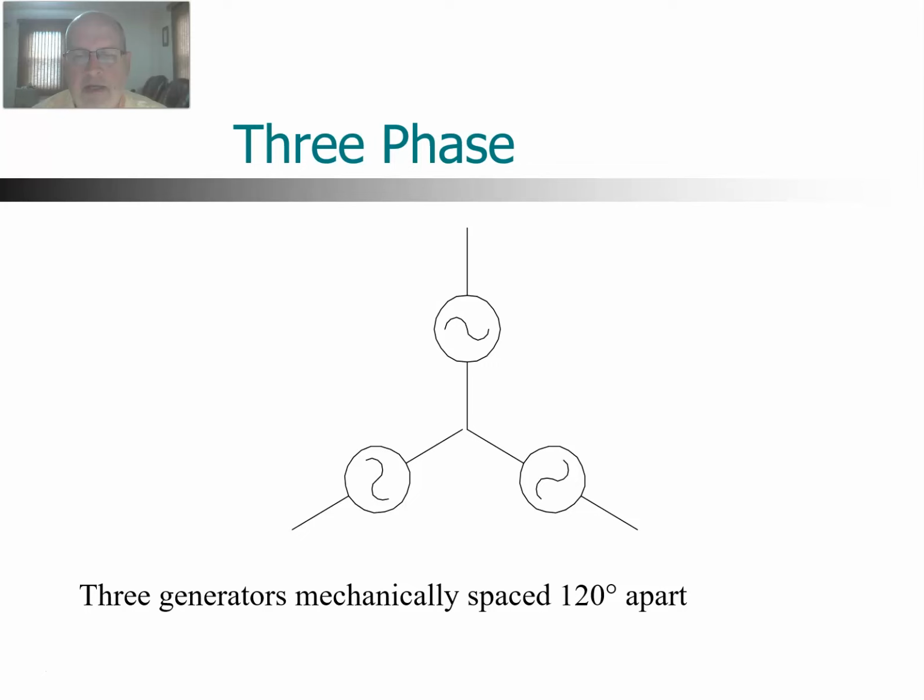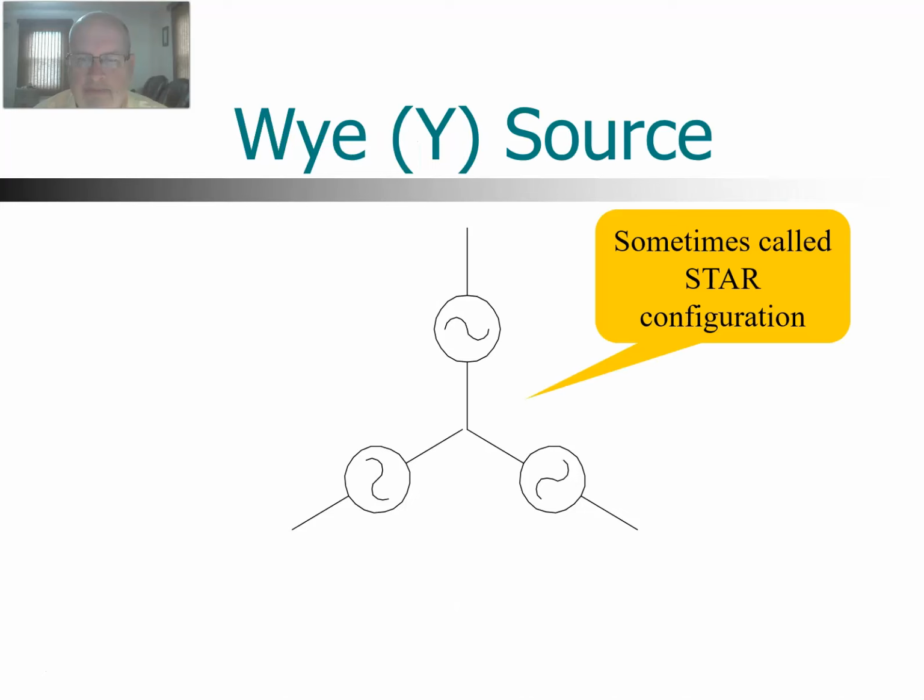And when I say they're mechanically spaced 120 degrees, I mean they're rotated on the shaft, so that when the entire shaft rotates with the three generators, each generator produces power a little bit out of phase with the other two generators, as in 1/3 of a cycle or 120 degrees. So we actually have three different generators, each producing power at a slightly different time. That's what we mean by three-phase in terms of power generation.